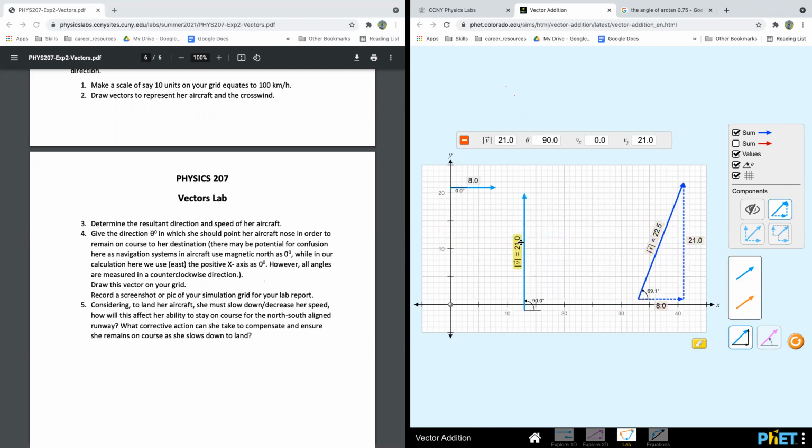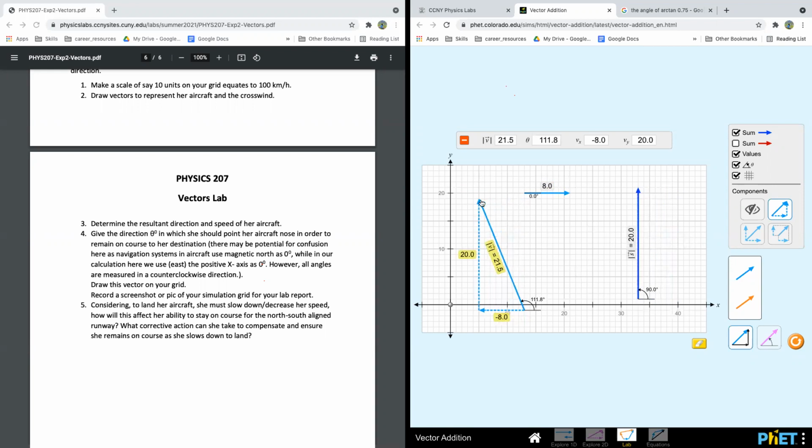I try to adjust the direction more to the west side to balance the wind. You can see the resultant is close to vertical. Now it's closer.